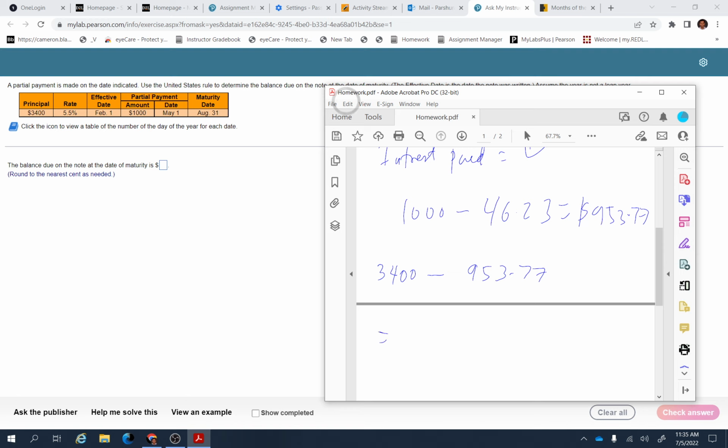If you subtract $953.77 from 3400, let me just do that. 3400 minus 953.77, that is $2,446.23. So that is the principal we're now going to use to calculate the interest from May 1 through August 31.